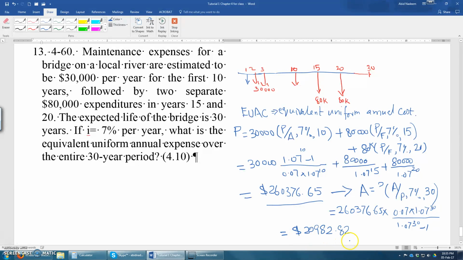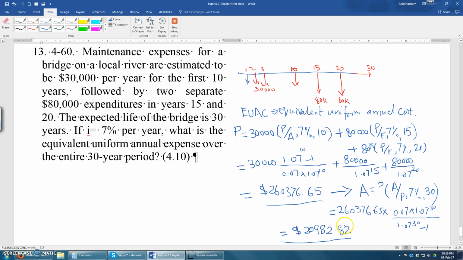So this is the uniform annual equivalent cost, which means that all these costs of $30,000 in the first 10 years, $80,000 in year 15, and $80,000 in year 20 are equivalent to $20,982 per year, spread over the life of the bridge for 30 years.